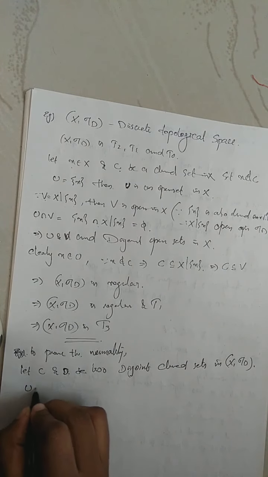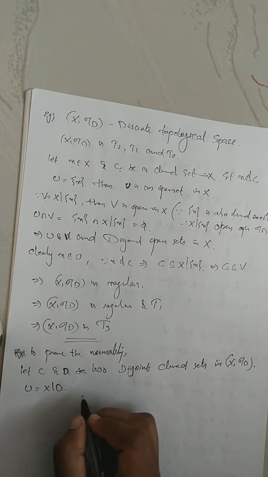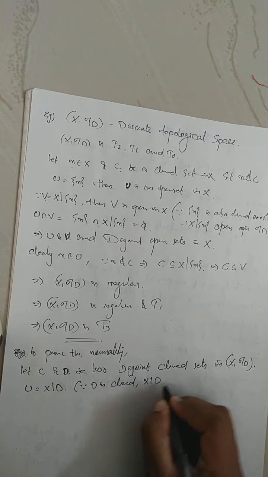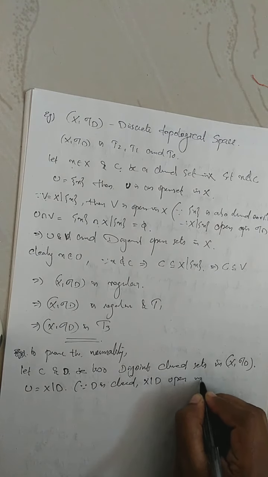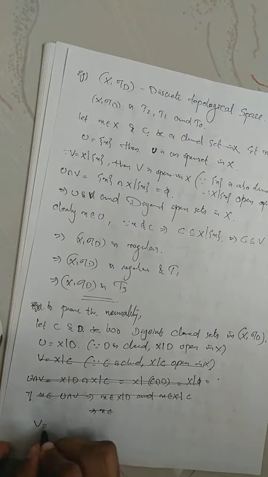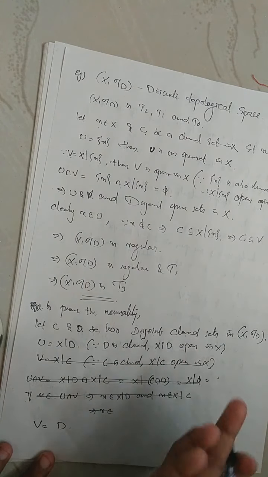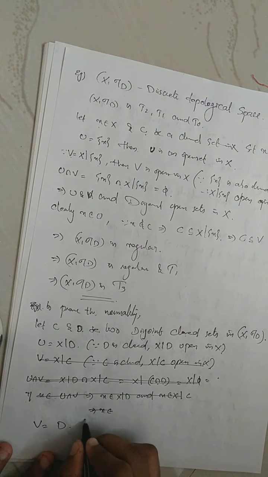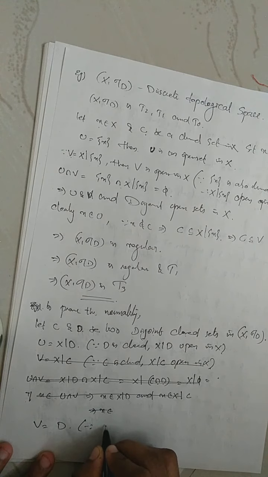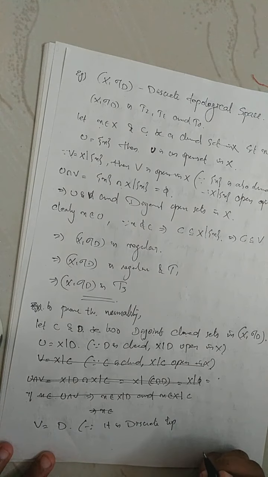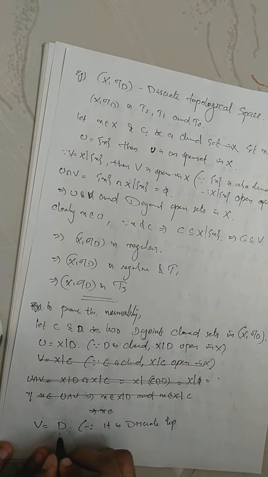You take U equal to X minus D. Since D is closed, its complement X minus D will be open, right? So U is open. Since it is a discrete topology, every set will be open and closed, so D will be open also.